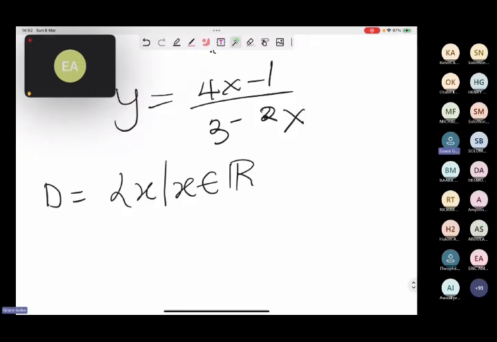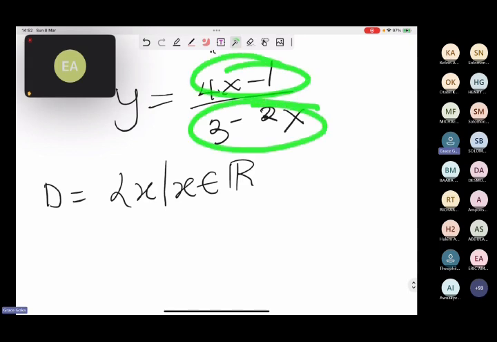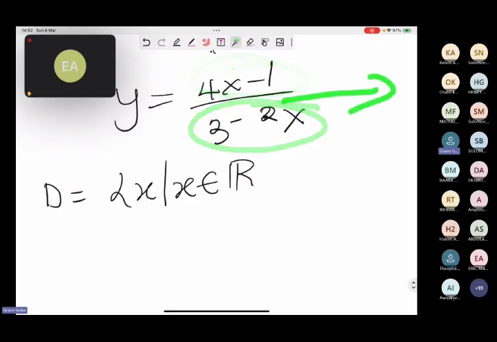Think of it as a car. All right, the wheels are the denominator. The top part of the body is the numerator function. So they must work together for the entire vehicle to move.